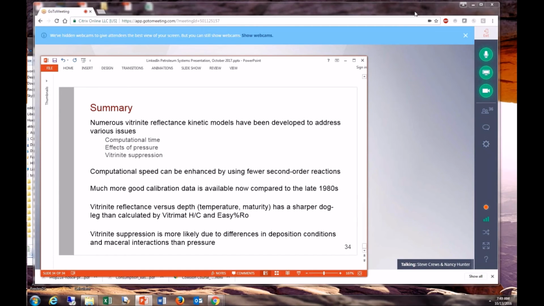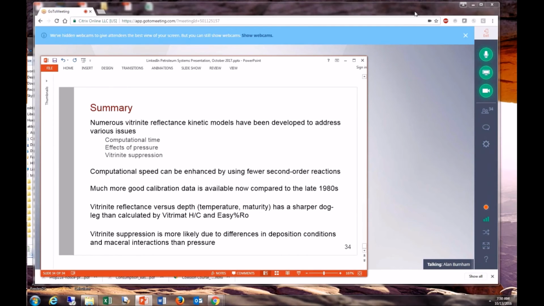Well, it could be both. I'm not a petrographer. I will defer to other people who understand that a lot better than I do. I remember talking to a person from Phillips Petroleum in Bartlesville many years ago, and he had done some experiments where he took the same vitrinite and put it in the presence of different materials during laboratory pyrolysis, and he did see differences in the resulting reflectance.